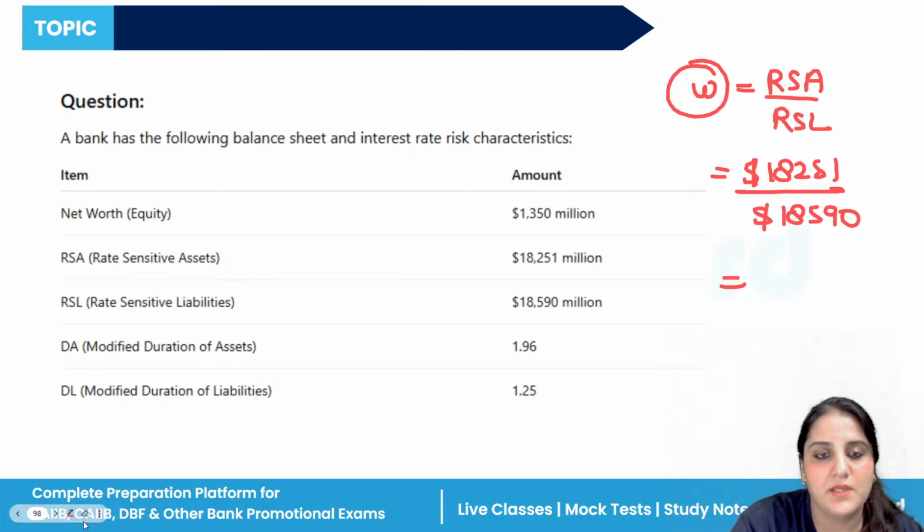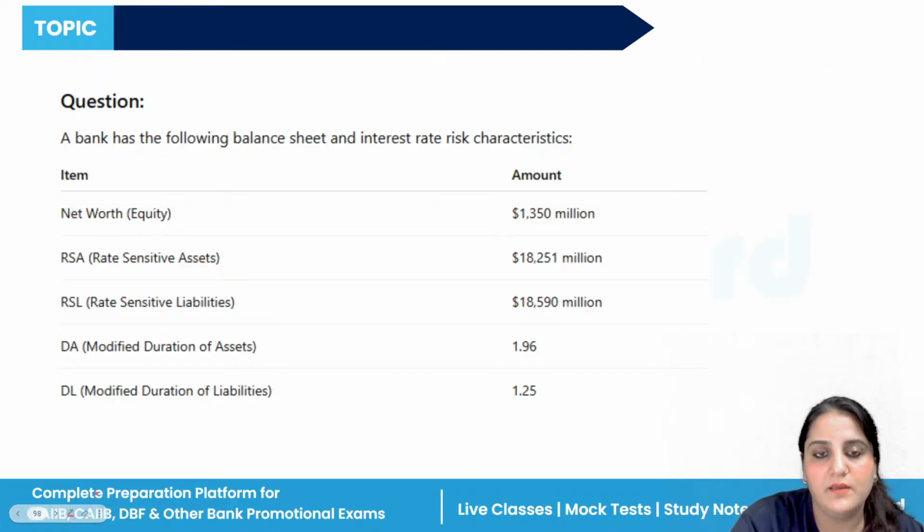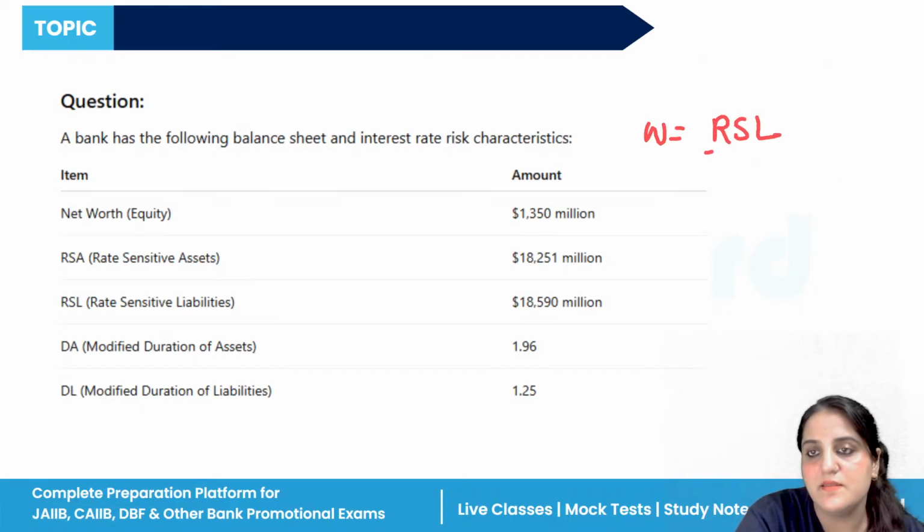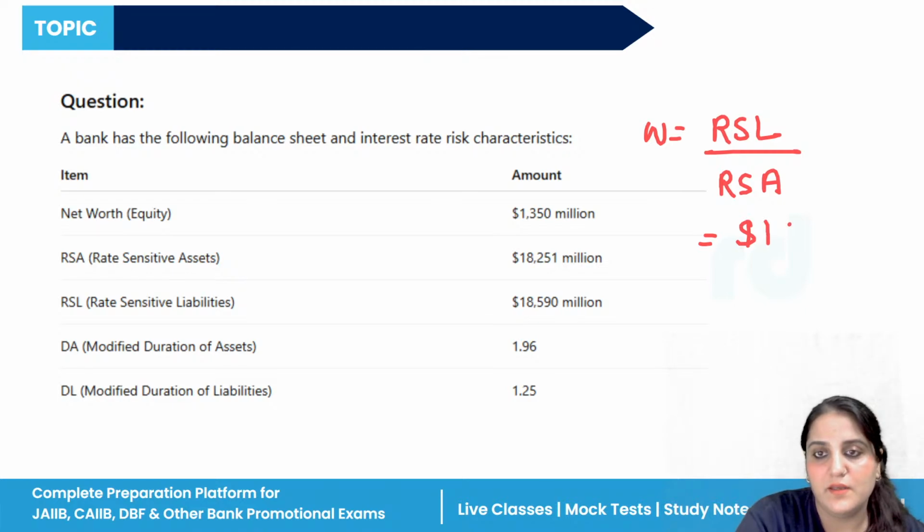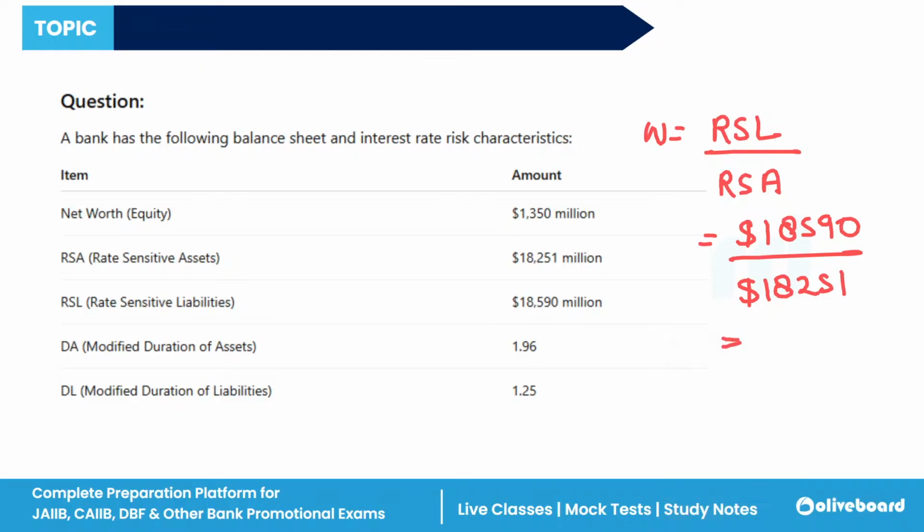Sorry, I made a mistake. RSL is in the numerator, RSA is in the denominator. So RSL is 18590 divided by $18251, which is equal to 1.02. So this is the weight here.